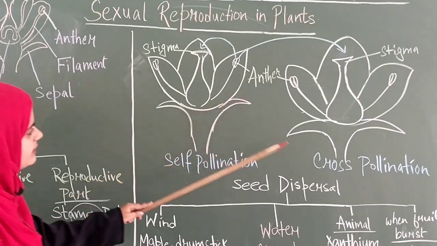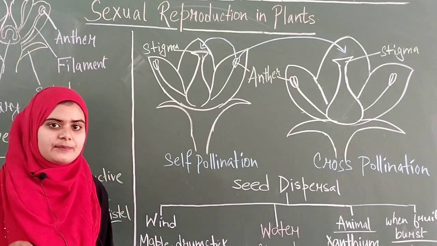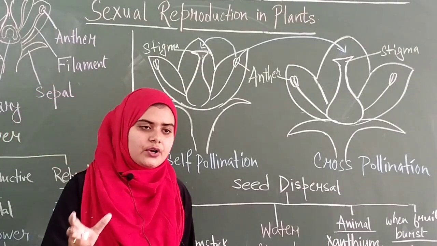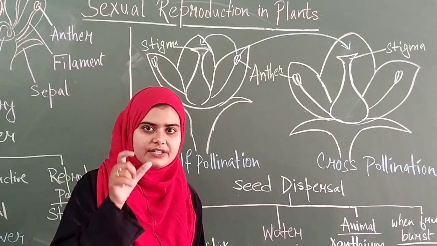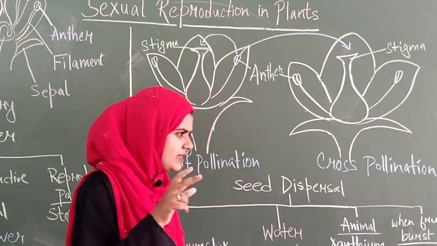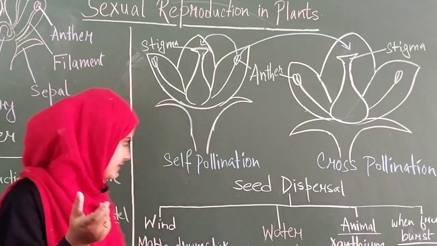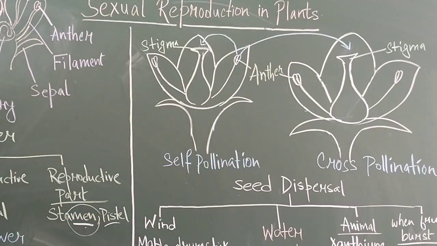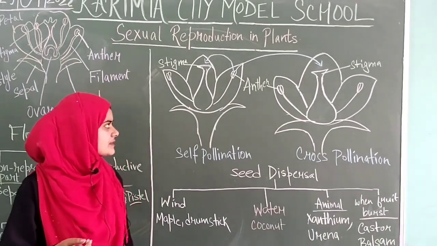And the other kind of pollination is cross-pollination. Cross-pollination happens in the same plant or in another plant of the same kind. Like suppose there is a tree, okay, a rose tree, we will take the example of a rose.